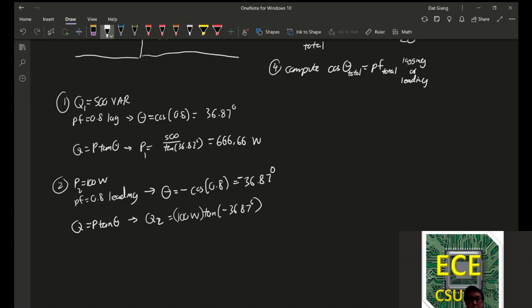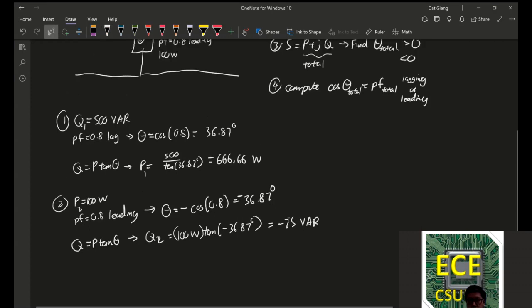So we compute that quantity, we get about negative 75 var, which is okay for reactive power, but not okay for real power.